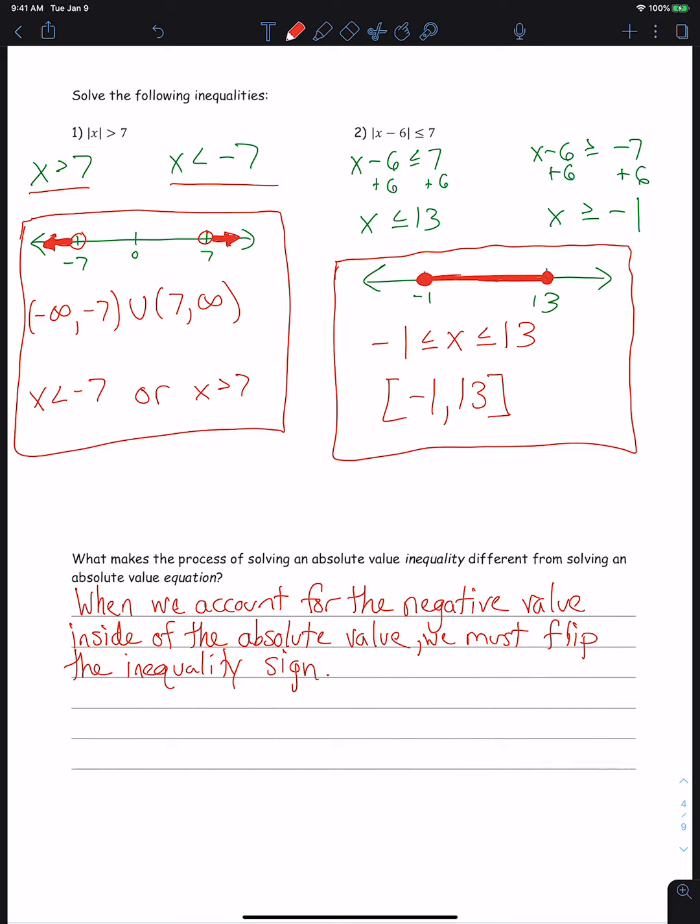So that's the main difference I see when solving an absolute value inequality than solving an absolute value equation.